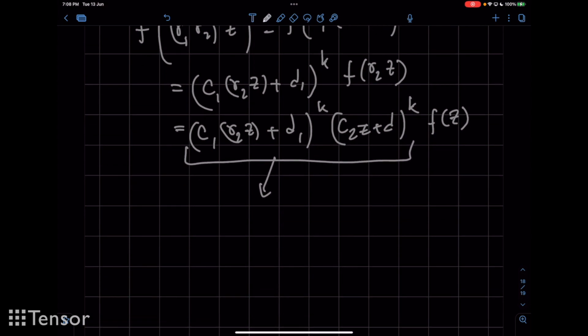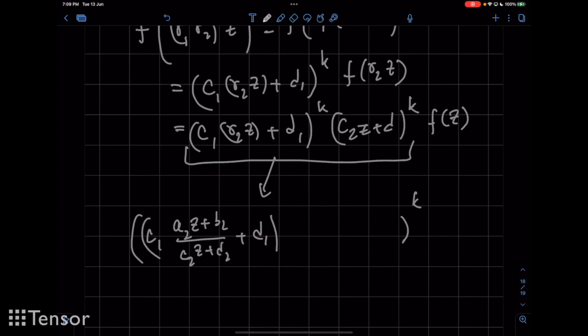It is something to the power k, and that something is (C1 (A2 z + B2)/(C2 z + D2) + D1) multiplied by (C2 z + D2). Gamma 2 z is this, because that was our definition of the group action.